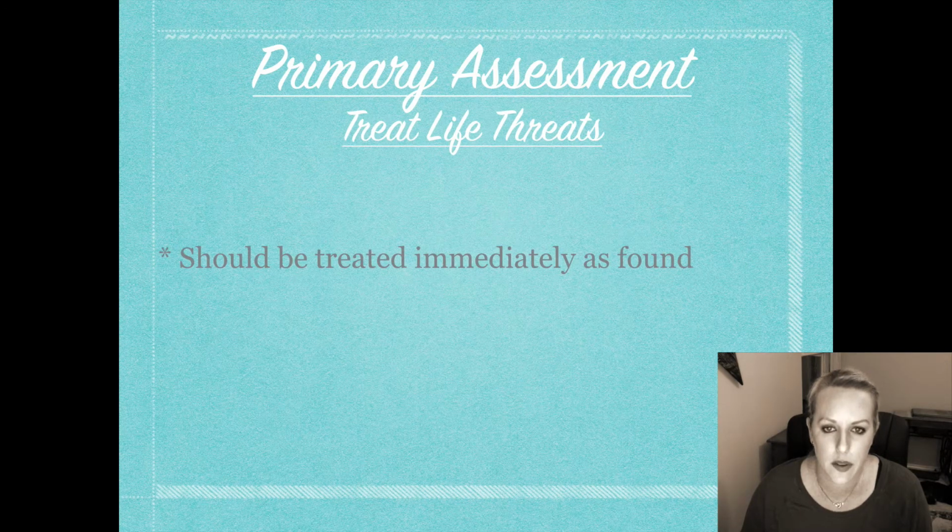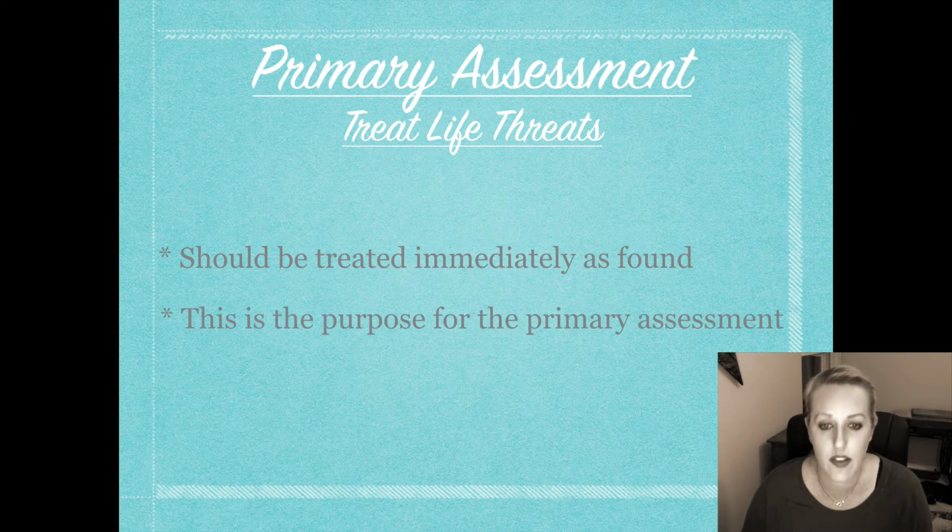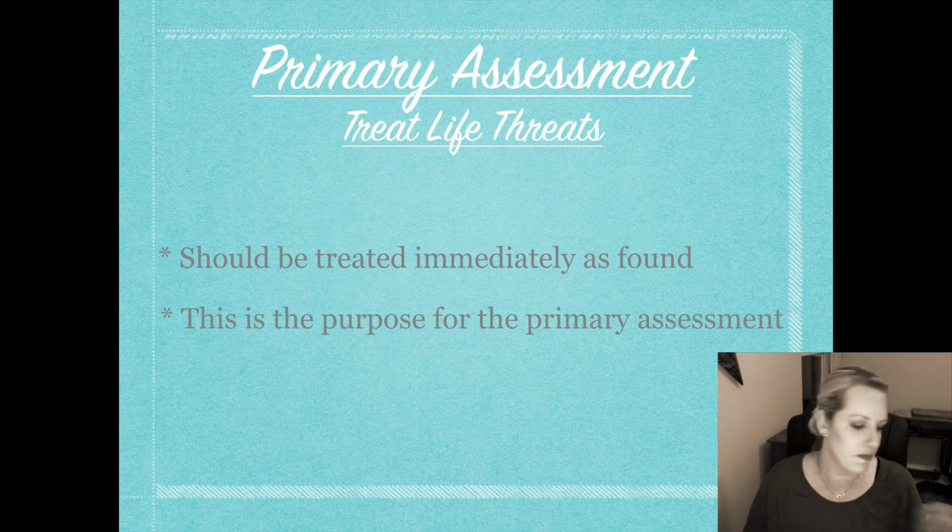So treating our life threats, again, they should be treated immediately as they're found. And this is the entire purpose for the primary assessment. We want to make sure that those life threats aren't going to kill them right then. So airway, breathing, circulation. If there's anything wrong with those three, immediately treat them.